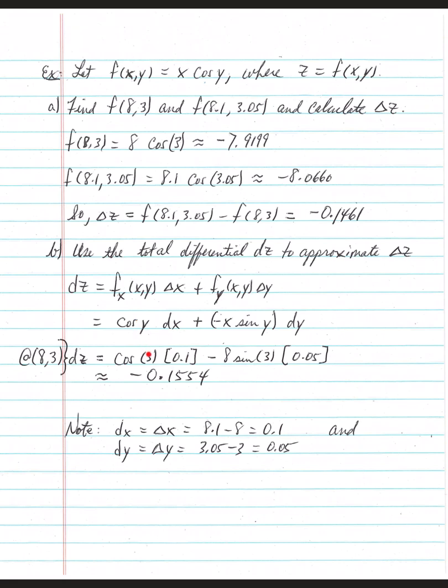Bring this right down, it's cosine of 3, dx is 0.1, minus 8 sine 3, dy is 0.05. Carefully type this into your calculator. Again, remaining in radian mode, you will get negative 0.1554. Very close to the exact function change.